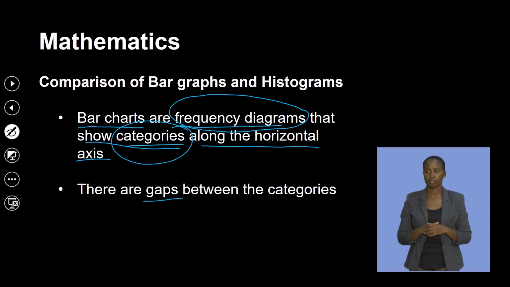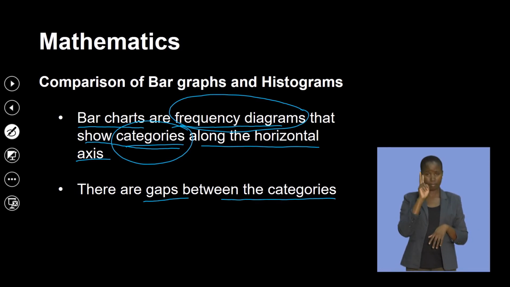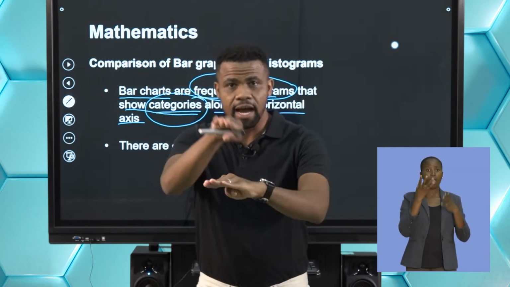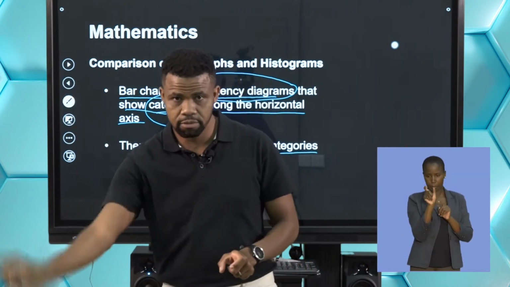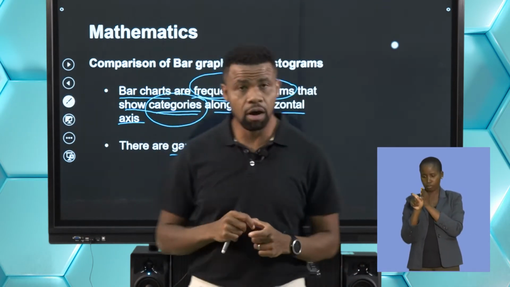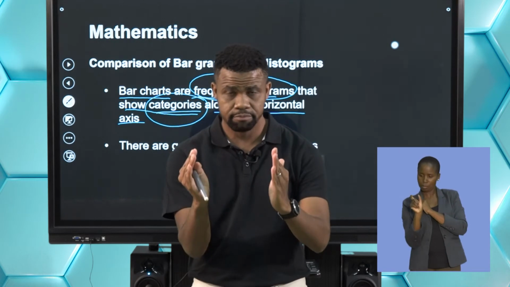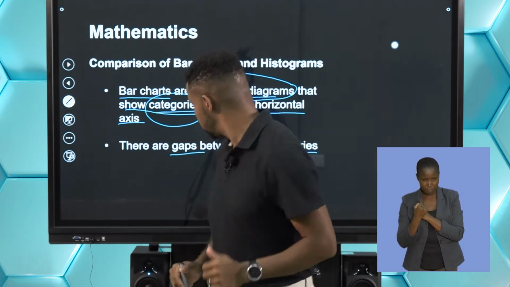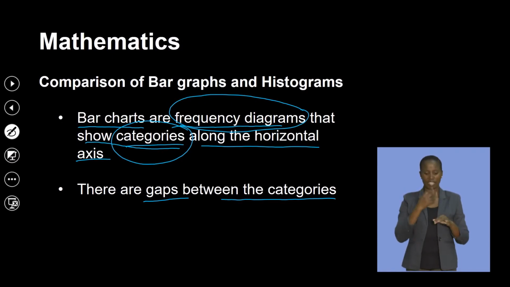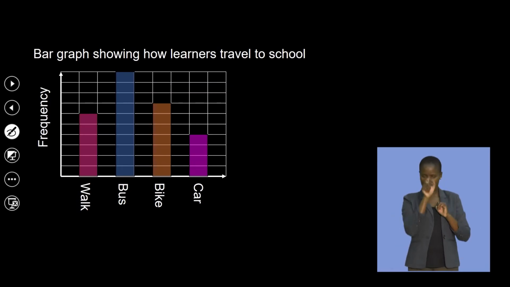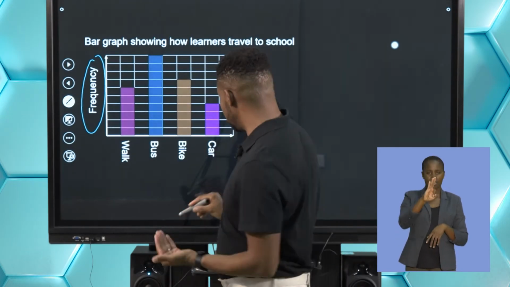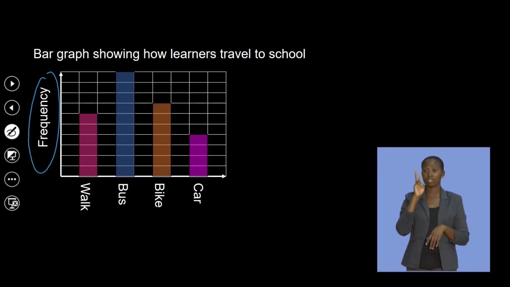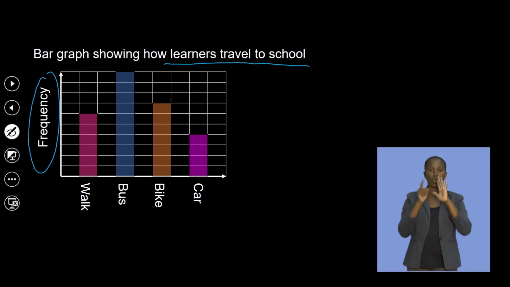There are gaps between the categories. You have a block like that, another block, but there are gaps between those categories for the bar charts. Are we all together? Now, if you look at this, we have a bar graph showing how learners travel to school.